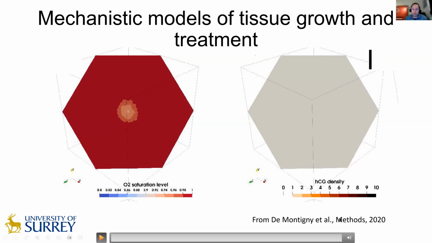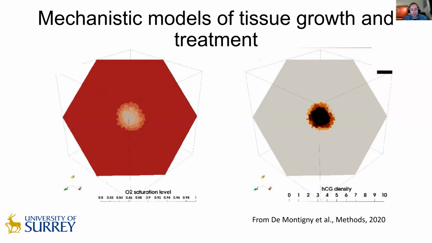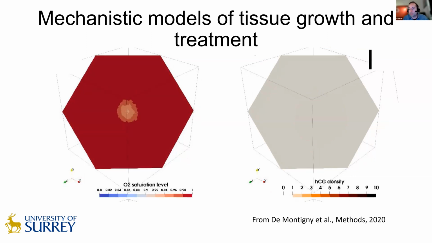And what we did in this paper that was published in 2020, we simulated in a very high performance or very efficient computational approach how the cancer grows over time and how it evolves, and how certain substances also change their concentration both spatially as well as temporally.